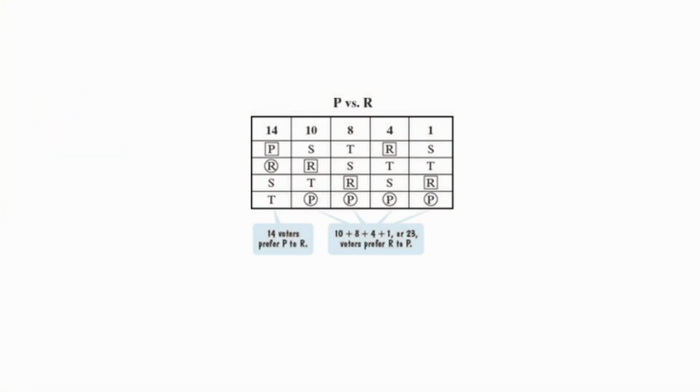For Paris versus Rome, we're going to go through each of these columns, each of these ballot arrangements, and determine how many of them was won by Paris, how many of them would be won by Rome. That is, how many would be preferred. So in the first 14, Paris is the first choice, Paris wins those. In the second, with those 10, Rome is second, Paris is fourth. Even though neither of them was the preferred choice, they definitely prefer Rome to Paris, so Rome gets those 10. Then in the third, we have that Rome is third, Paris is fourth.